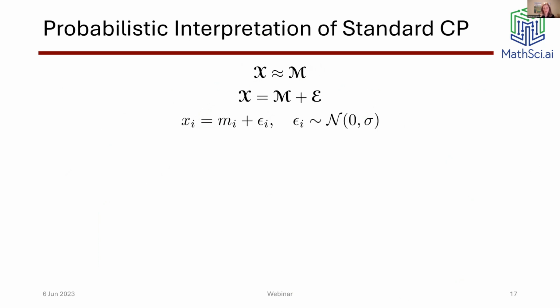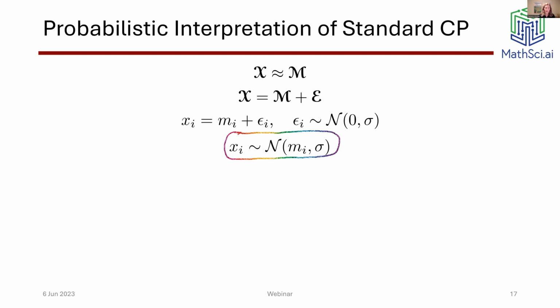They say each entry X of the tensor is equal to M plus white noise. By that, I mean the white noise is normal distributed with mean 0 and standard deviation sigma. This is a common assumption in a lot of modeling problems. You can write that instead as each xi is normal distributed around mi with standard deviation sigma.